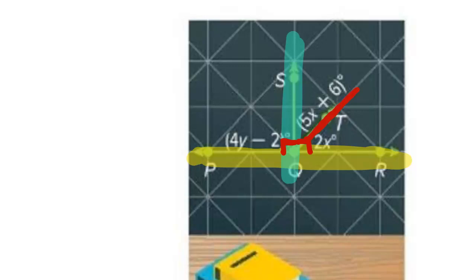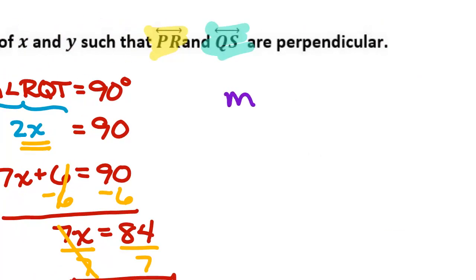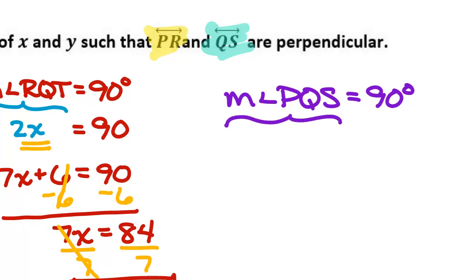And then on the other side, angle PQS, that's where y is, and there's only the one angle there. Angle PQS is 90 degrees. And angle PQS is 4y minus 2. So 4y minus 2 equals 90.